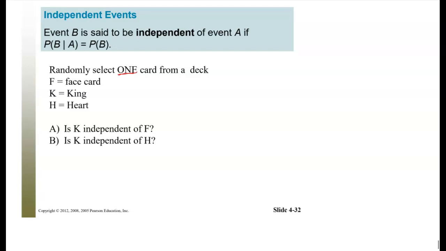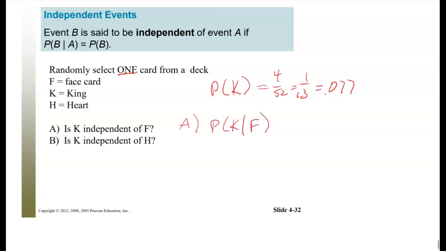So let's try it. In order to figure that out, first of all, we need to know the probability of selecting that king. Well, that's easy again. 4 out of 52. We've done this a bunch of times. So that's our probability of selecting a king. Now we need the probability of selecting a king given that we know there's a face card.